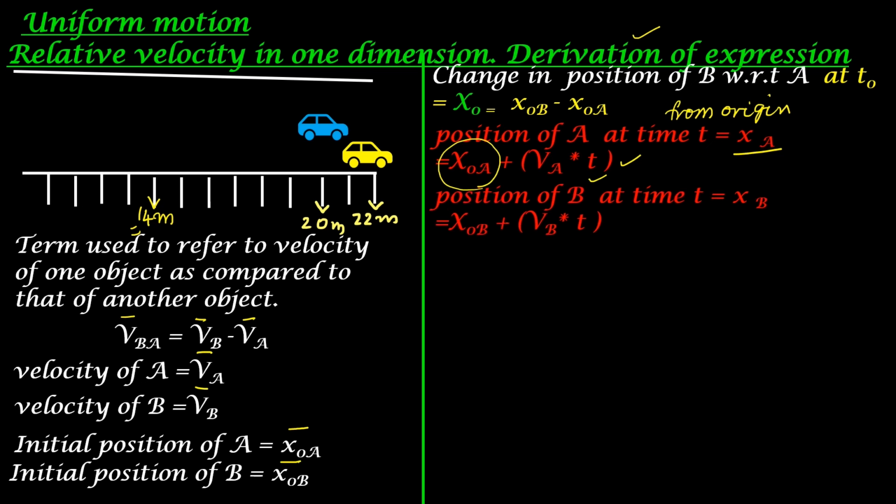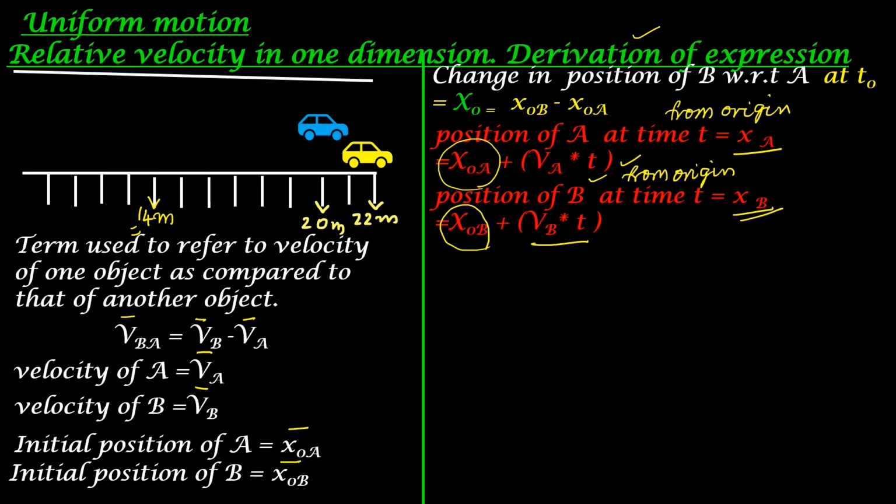Similarly, position of B at time t from origin, xb, is equal to x naught B, that is initial position, plus VB multiplied by t, that is its velocity into time.